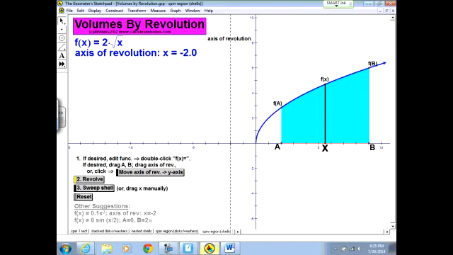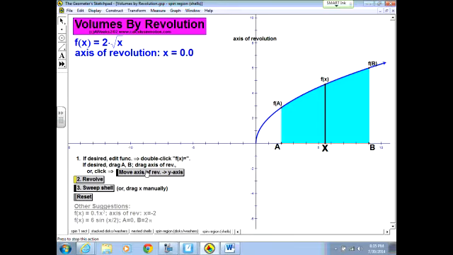What cylindrical shells is, instead of taking a region and rotating the whole region around something and then slicing it and finding the volumes, what cylindrical shells does is it takes rectangles of the individual region and then individually rotates each of the rectangles around your line.